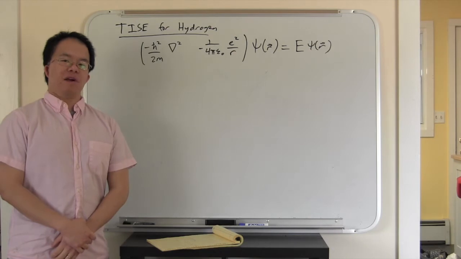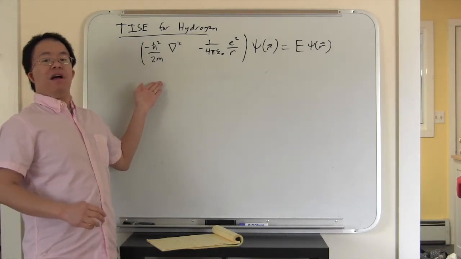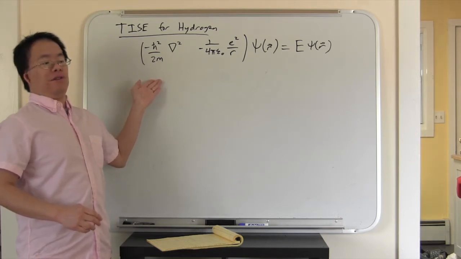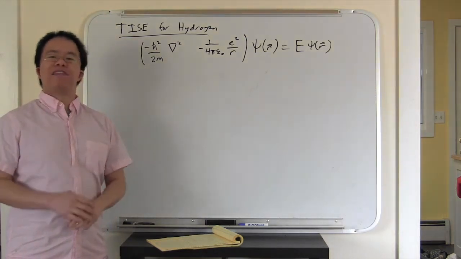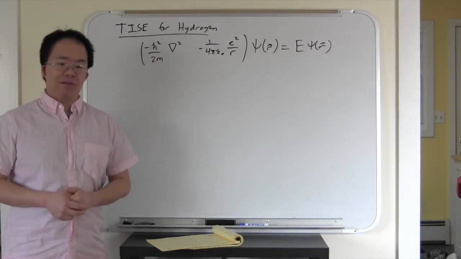Our discussion is going to focus on the time-independent Schrödinger equation for hydrogen, which I've written here. We're going to have our hands full just thinking about the energy eigenfunctions and eigenvalues.